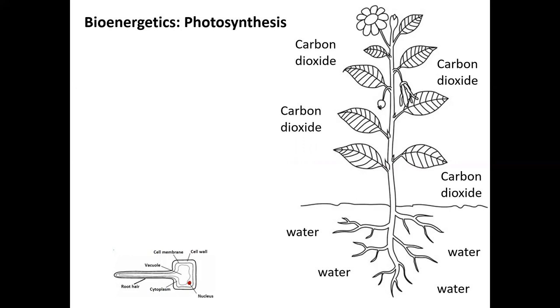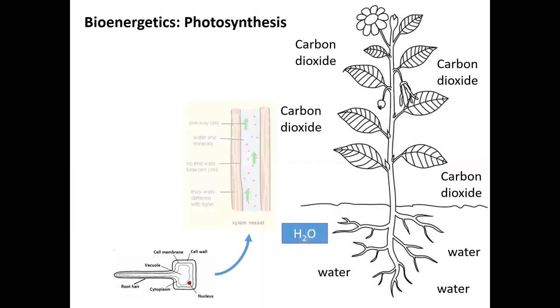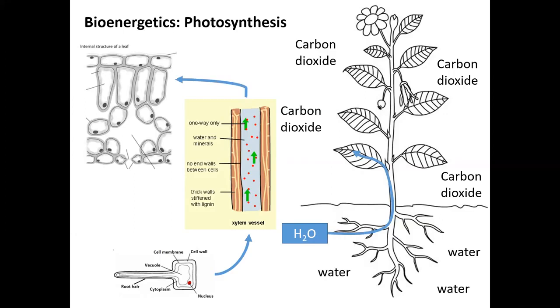It then travels up through the root and through the stem in xylem tubes. So there are the xylem tubes, and then into the leaf. And then it can travel via osmosis into the palisade cells and into the chloroplasts.